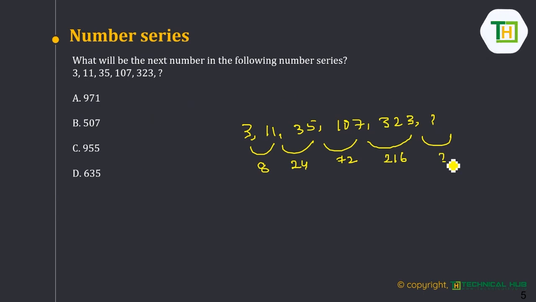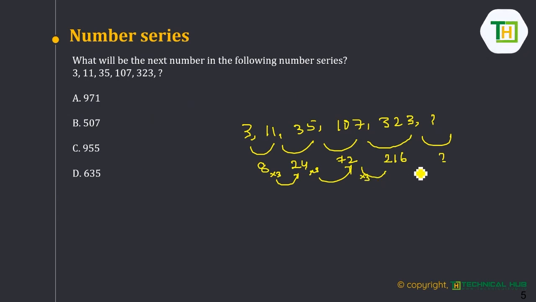If you observe the differences clearly, 8 into 3 is 24. 24 into 3 means 72 and 72 into 3, 216.